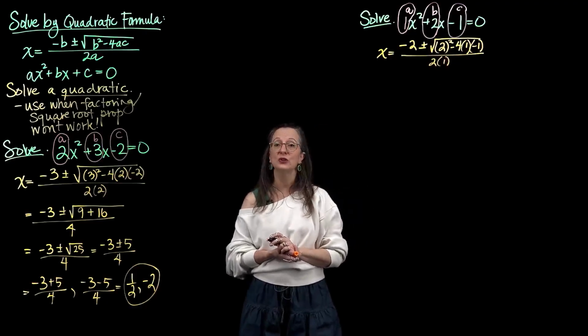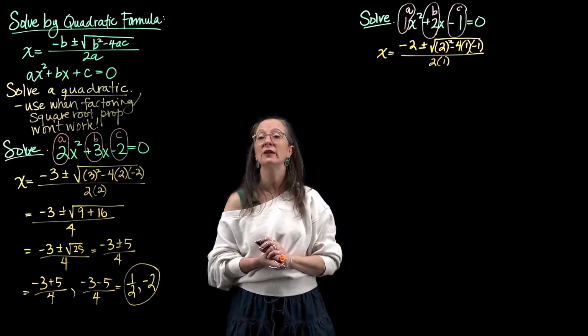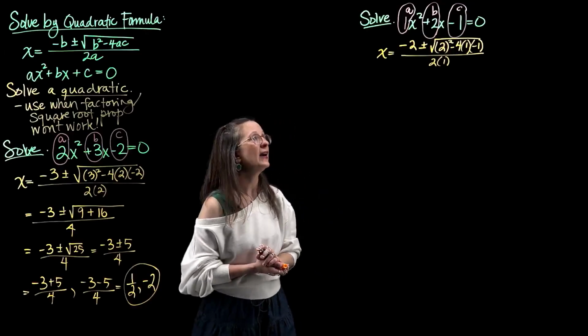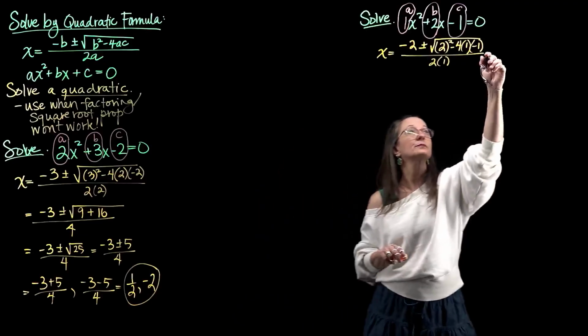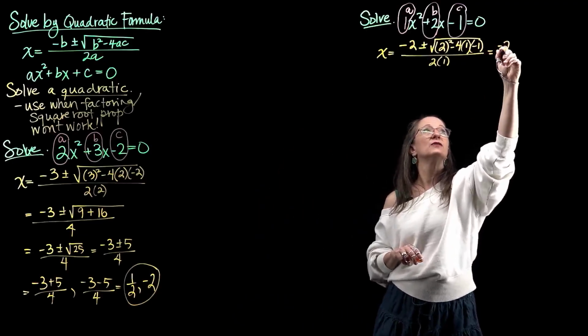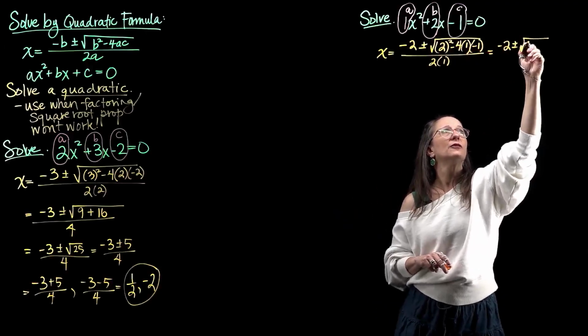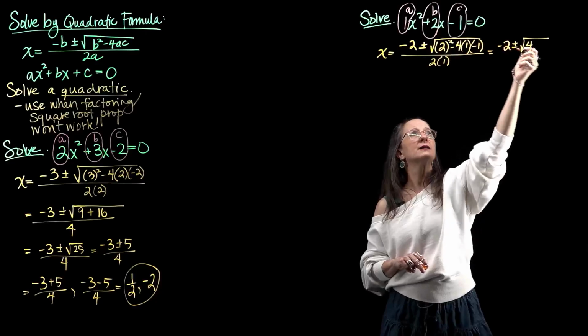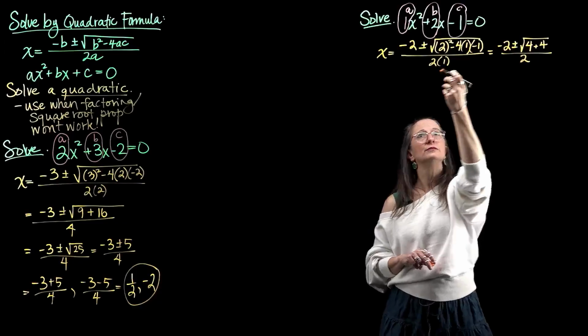All right, so negative 2 plus or minus the square root of 2 squared minus 4 times 1 times negative 1 divided by 2 times 1. Let's evaluate. All right, so negative 2 plus or minus, this will be the square root of 4 plus 4 over 2.